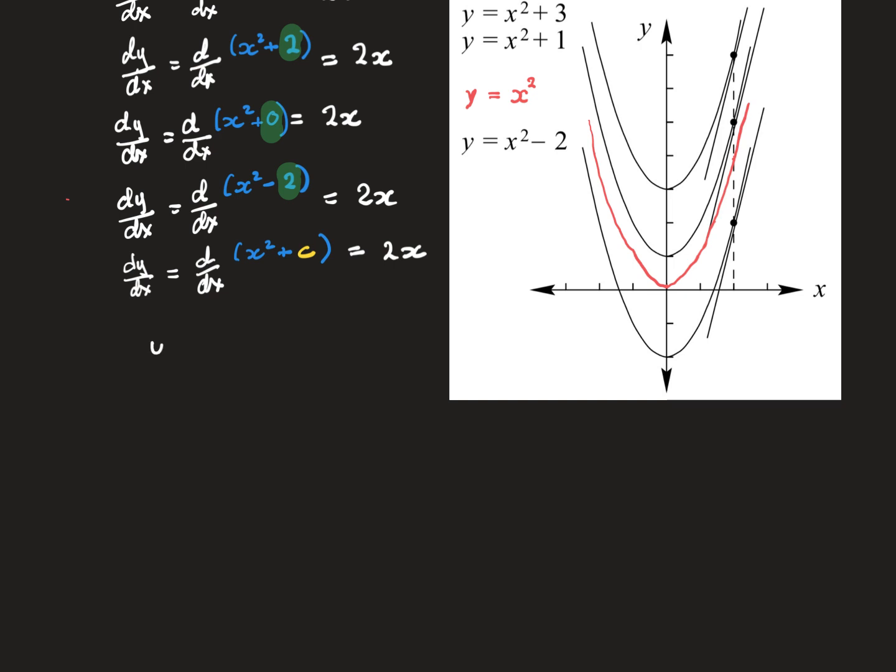So if y by differentiation will give you dy/dx, then going the opposite way will be integration or anti-differentiation. And this will result in giving me back the original y function.